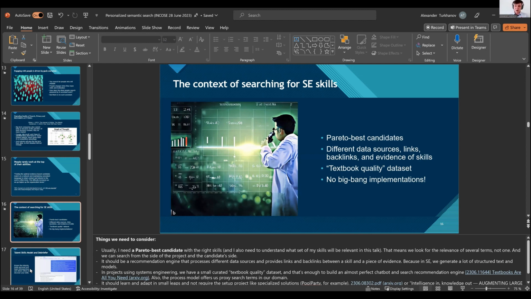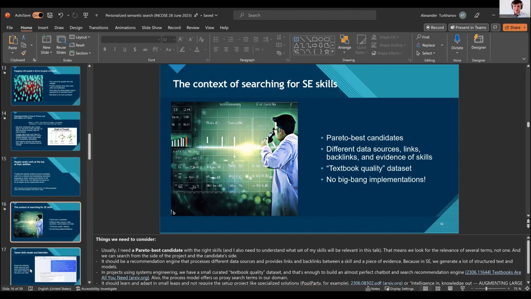No, we find the person who is very good at project management and very good at system architecture. So it's Pareto optimal, all right? Then in systems engineering companies, we have a lot of different sources we can feed to such a generative AI assistant. And the data sets we have are really amazing.